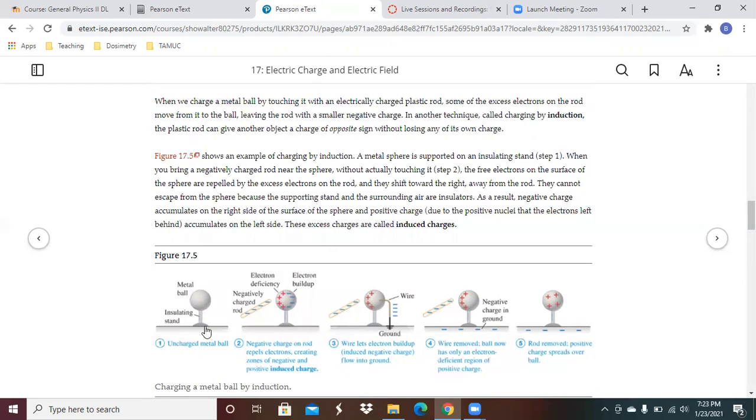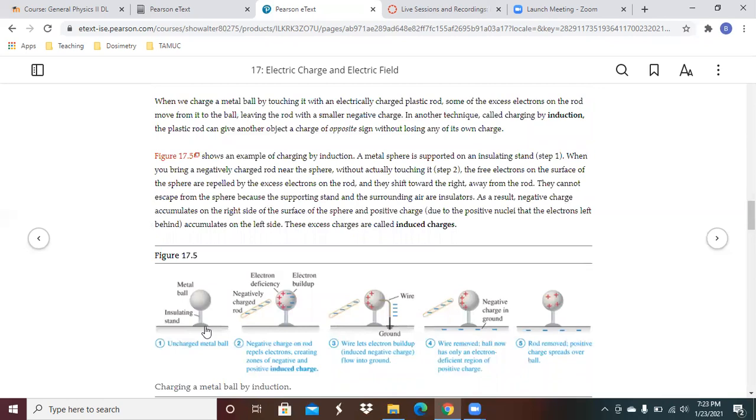When we charge a metal ball by touching it with an electrically charged plastic rod, some of the excess electrons on the rod are moved from it to the ball, and that leaves the rod with a smaller amount of negative charge. In another technique called charging by induction, the plastic rod can give another object a charge of opposite sign without losing any of its own charge.